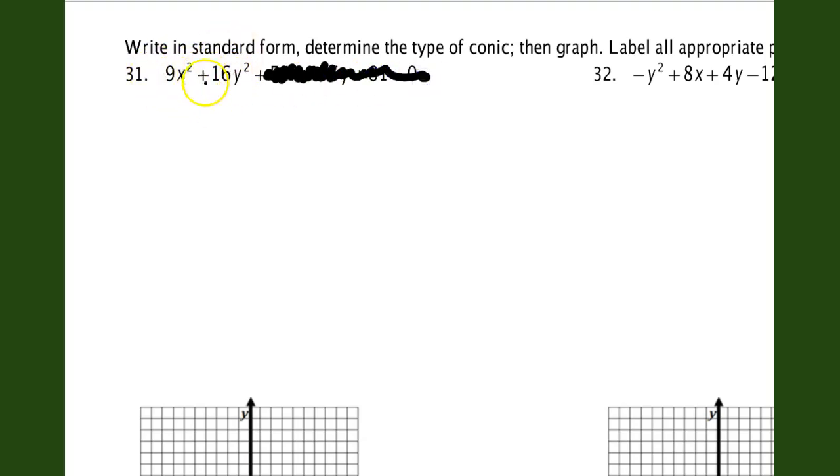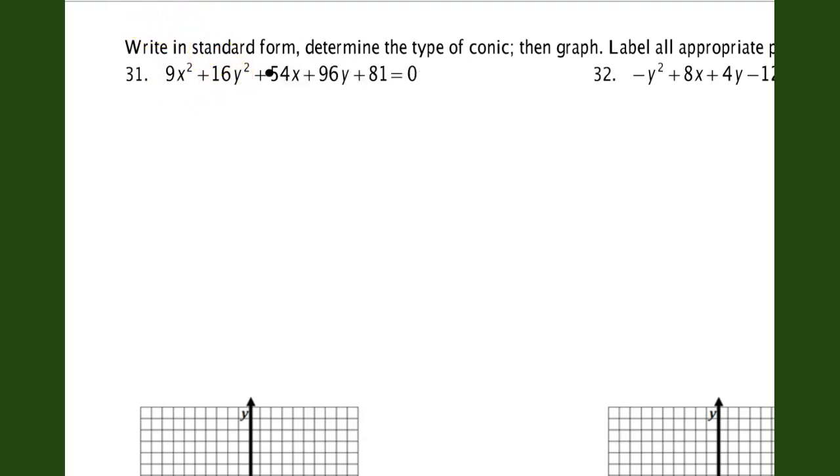So we have an addition, and both of them are squared. So we know both are squared, not a parabola. It's an addition, not a hyperbola. And the last two would be circle or ellipse. And the fact that these are different coefficients lets us know that this must be an ellipse. If they're the same coefficient, or if there's only a coefficient of 1, then we'd have a circle. So we definitely have an ellipse.